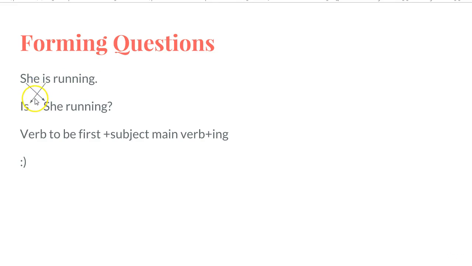So we make the inversion. We change the position of the helping verb and the subject. So the helping verb comes first and the subject comes next. So, is she running? She is running. Is she running? Okay. So verb to be first, subject, main verb, plus ing.